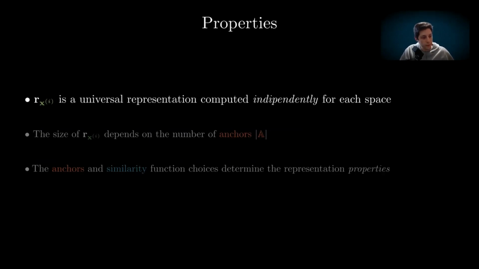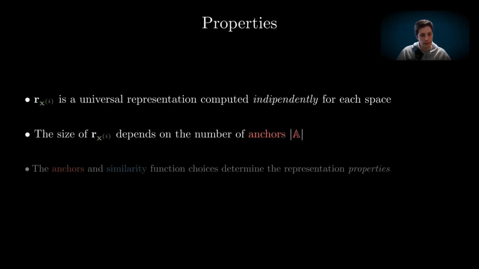The first one is that, as you notice, this is like an independent transformation for each space. So we can have the same transformation applied independently to each space without computing or estimating a transformation between two given spaces. So this is acting like a universal representation that brings all the spaces into a common one without knowing of each other.